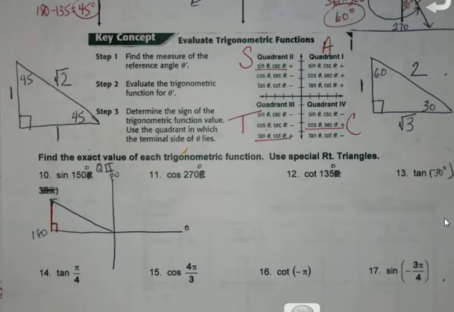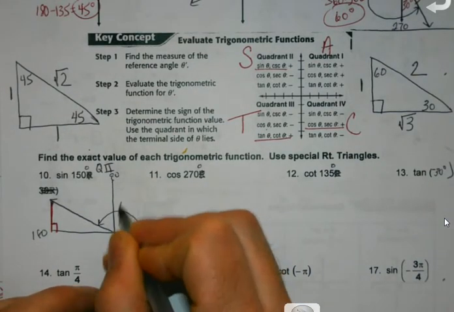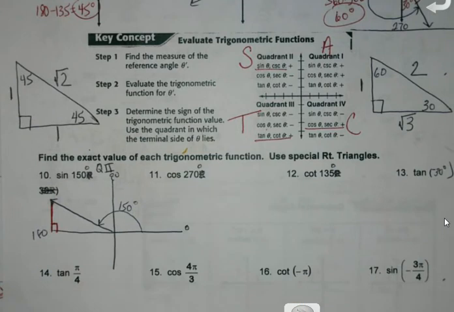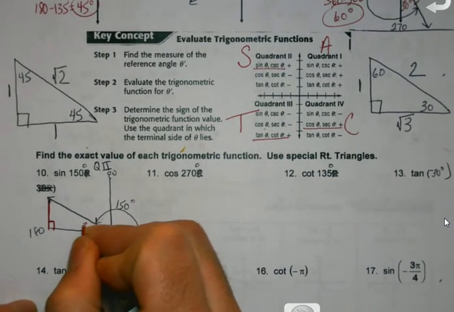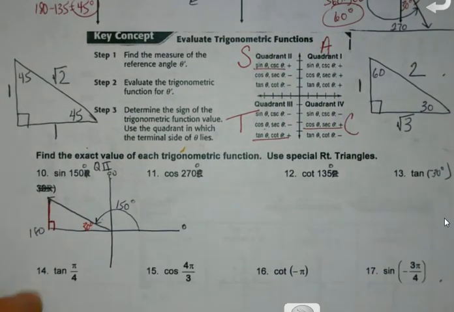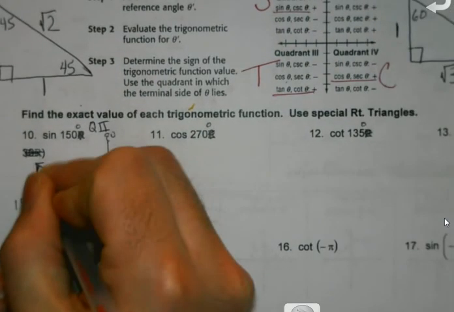Now let's think about this for a second. All right, so coming from here to here was 150 degrees. What's my reference angle? That's going to be 30, because if it's 150 to here and I'm trying to finish it off, this is going to be 30. Let me jumbo size a little more here. And so this guy is going to be 60.